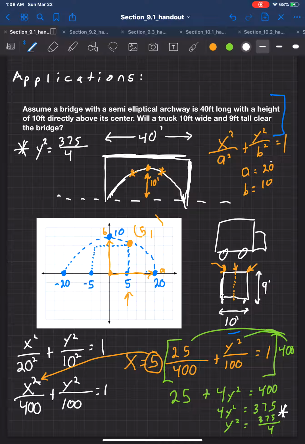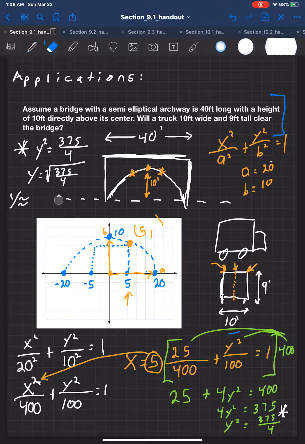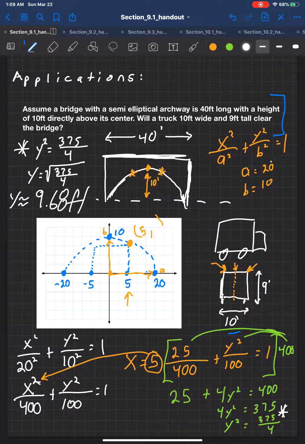And you guessed it, let's find out what y is. So y is equal to the square root of 375 over 4, which, by my calculations, is roughly equal to 9.68 feet.